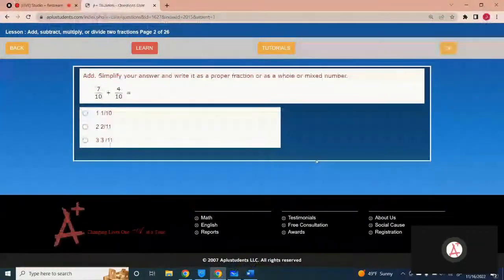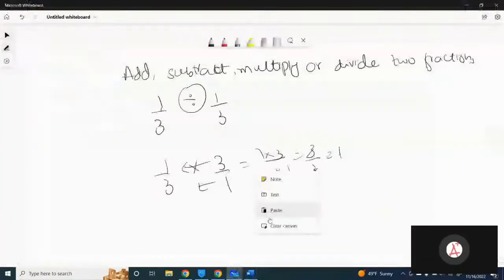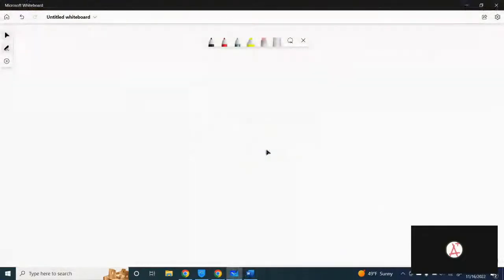Okay, the next one is 7 by 10 plus 4 over 10. You have to add two fractions, 7 over 10 plus 4 over 10. So when you're working on fractions, you already know what like terms and unlike terms are. Like terms are the ones that have the same denominator. Got it? They are like fractions because they have the same denominator.